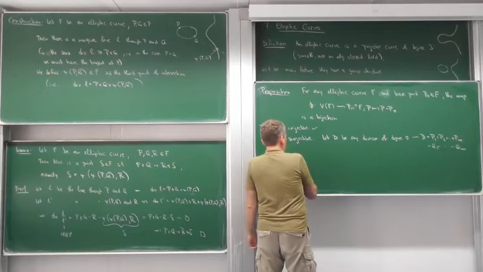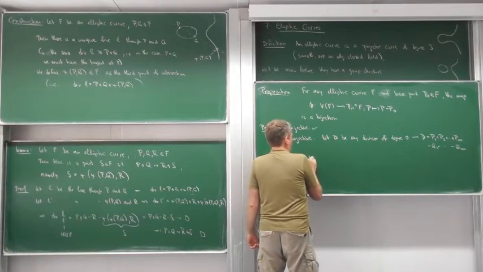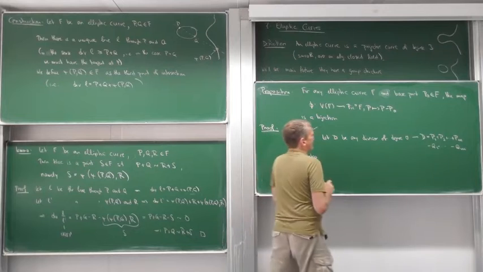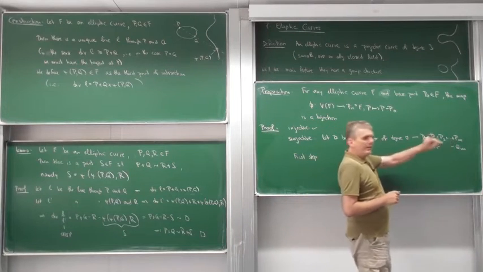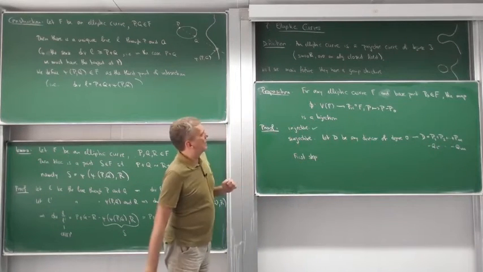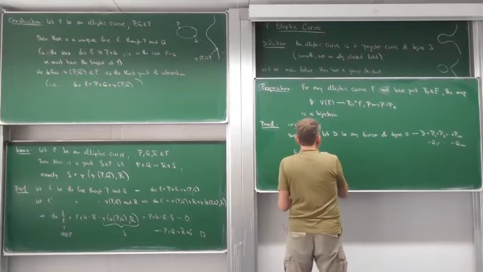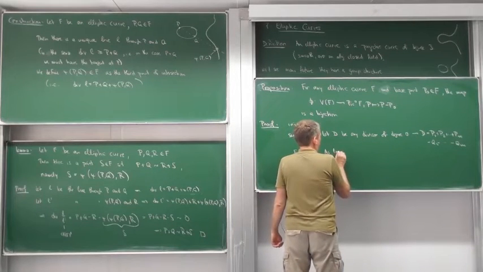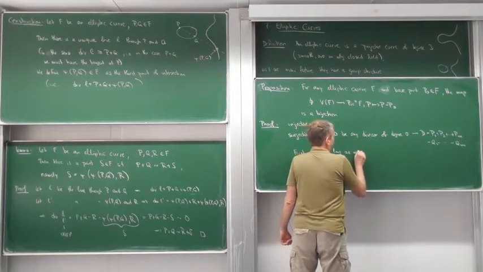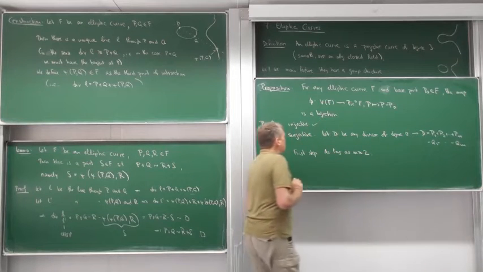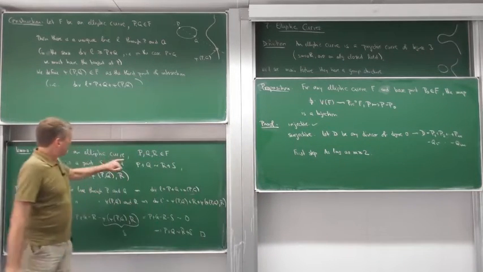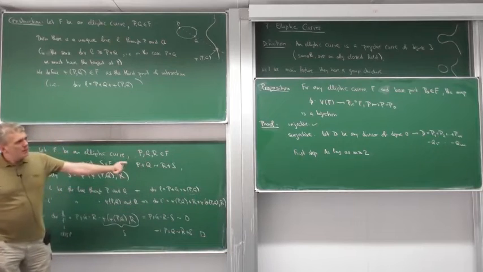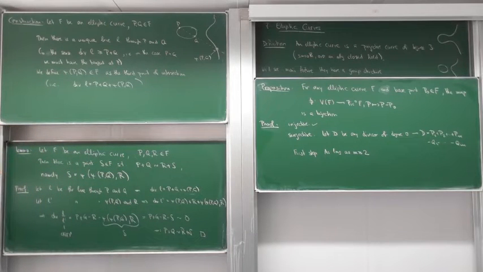So the first step is, as long as there is more than one positive point in there, so as long as m is greater or equal to 2, we apply this lemma here for the points P1, P2, and Q1.